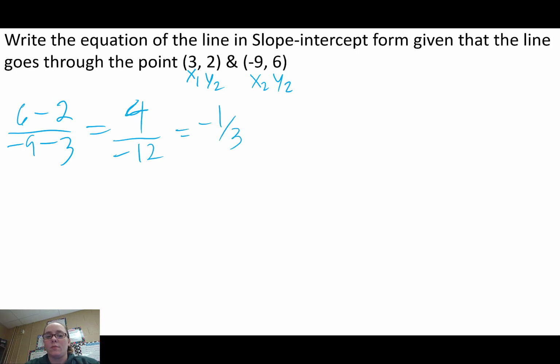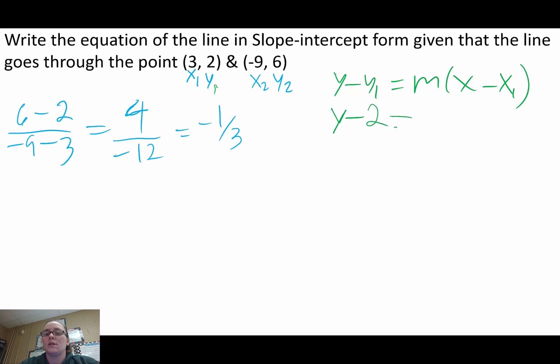I'm going to pick one point, plug it into point slope form. So we get y minus y1 equals m times x minus x1. So my y1, I don't know why I put the 2 there. So we get y minus 2 is equal to, well, we got -1/3 for my slope, times x minus 3.